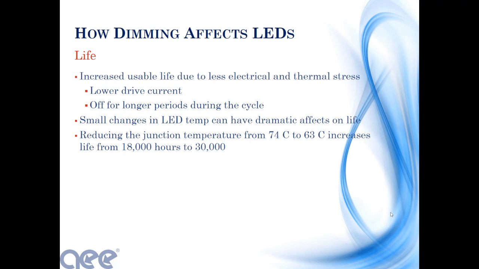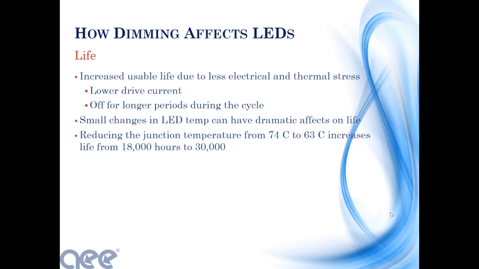It also decreases the thermal stress. Dimming typically is at a lower drive current and of course is off for longer periods of time. But small changes in an LED temperature can have a dramatic effect on life. So if an LED junction temperature is supposed to be at 90 C and you're running at 150, you can expect that LED to shift and fail.